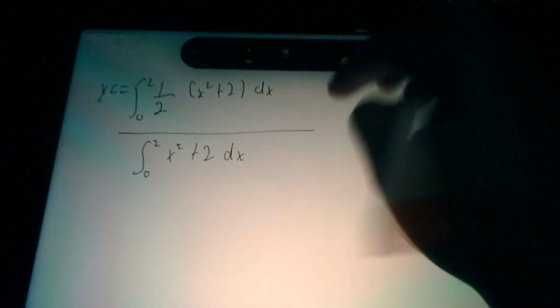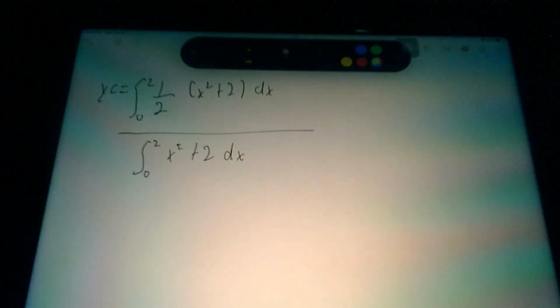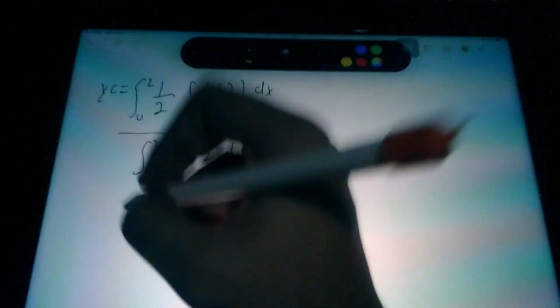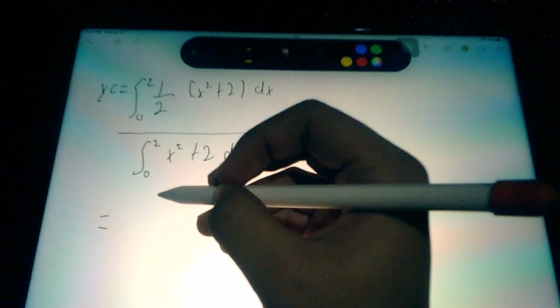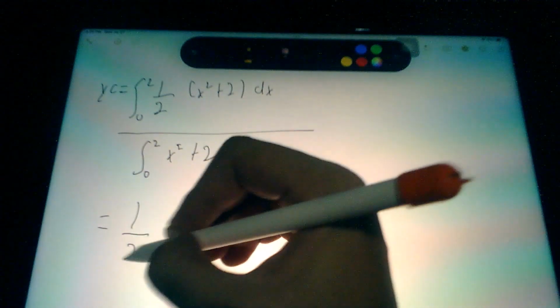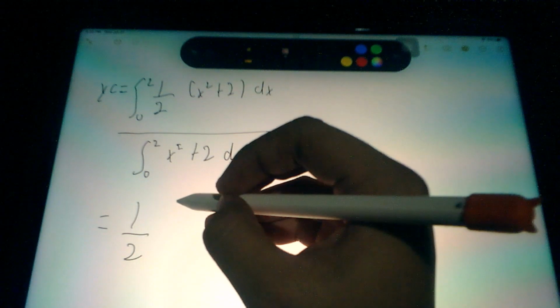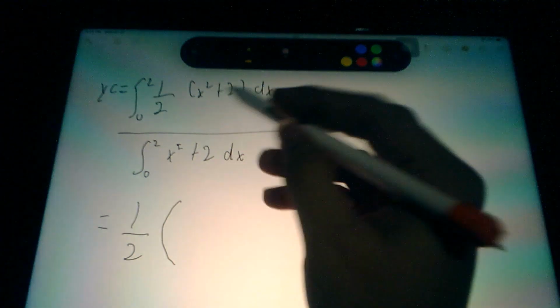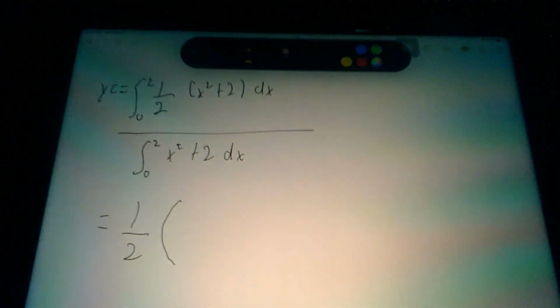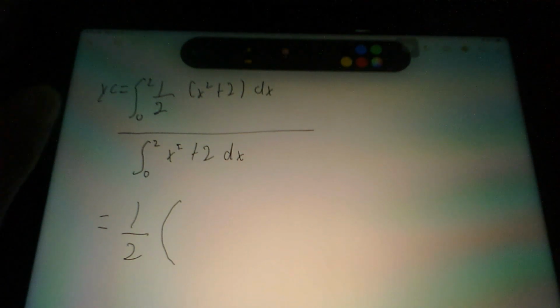Now we are ready to integrate this problem. So this is just equal to, let's put 1/2 outside since that is a constant, times the integral of this equation.